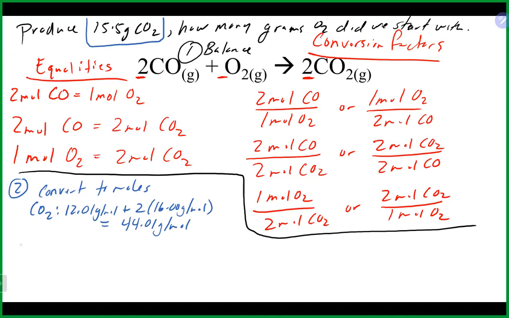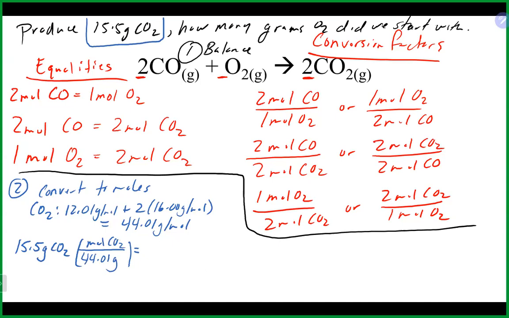If we did that here, that would be 15.5 grams of CO2. We're going to divide by the grams using the molar mass from the periodic table to convert this into moles.